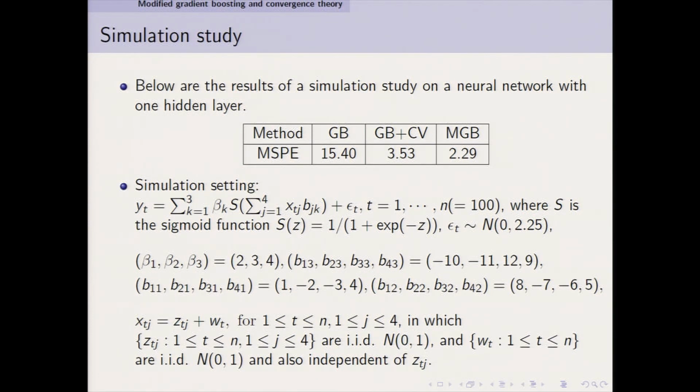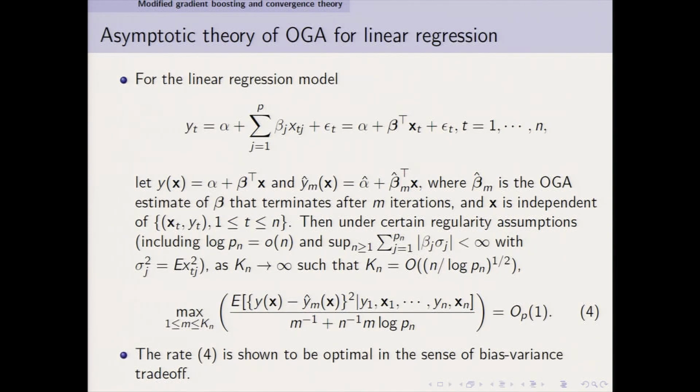If you do gradient boosting with k-fold cross-validation, you can cut it down substantially for this example. And if you just automatically do this modified gradient boosting, you do considerably better.